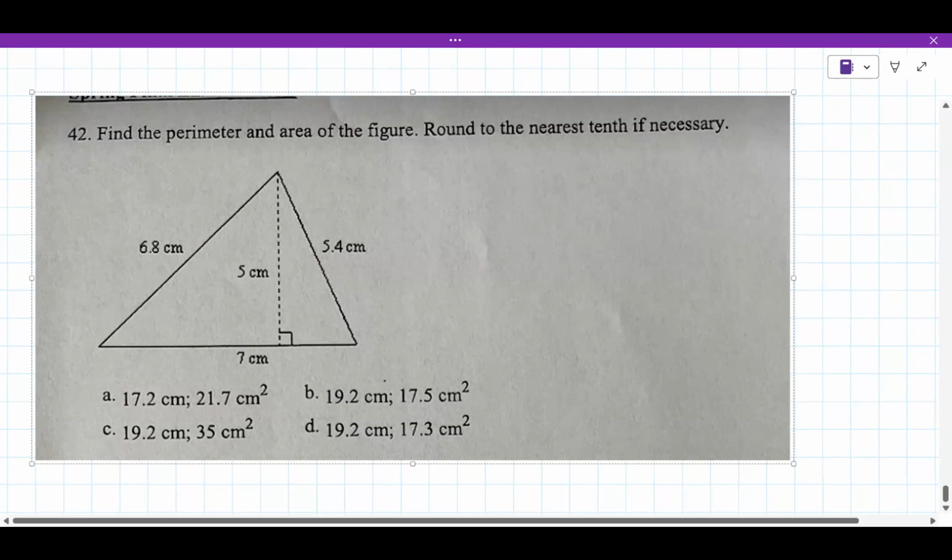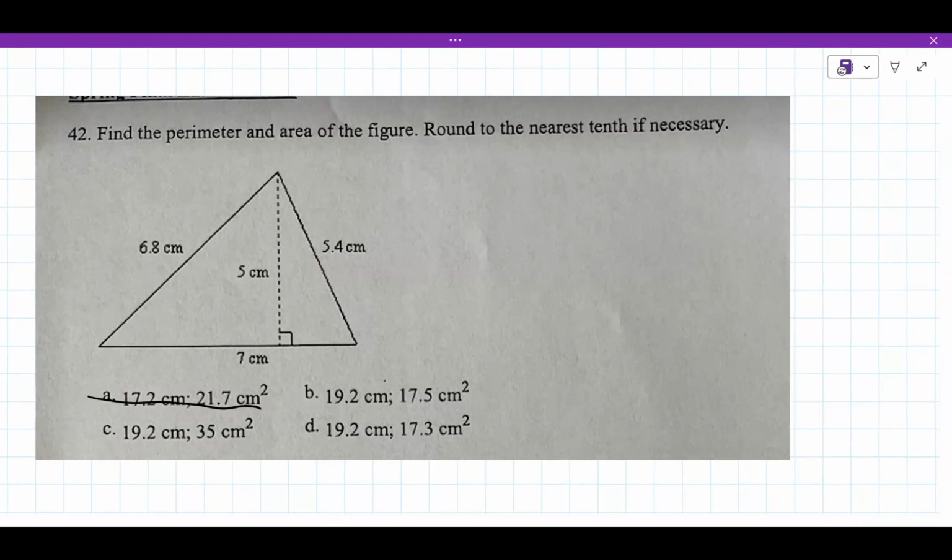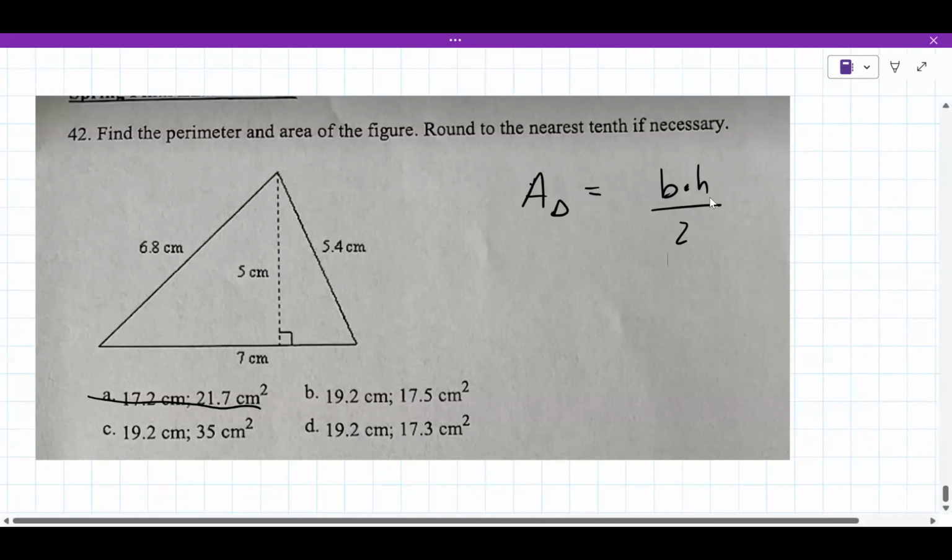Okay, got to keep going here. Find the area of the triangle. I've got to remember it. I just did this today. Base times height divided by 2. If you notice, it has a lot of similarities to a trapezoid.